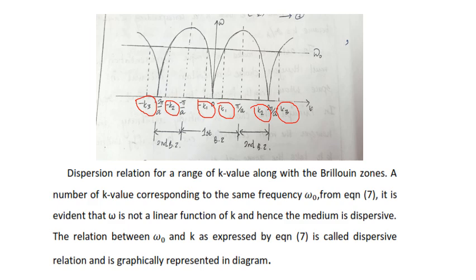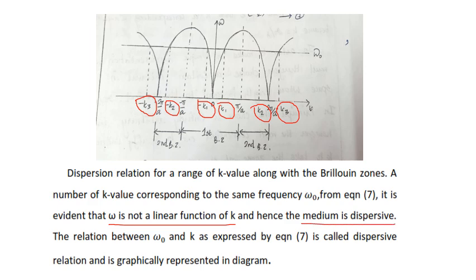Okay. This graph is called the dispersion graph, and this relation is called the dispersive relation. Why is it dispersive? Since omega is not a linear function of k, the medium is dispersive.